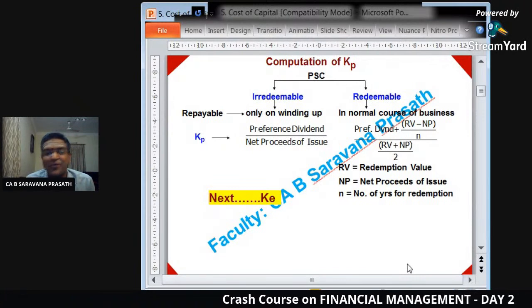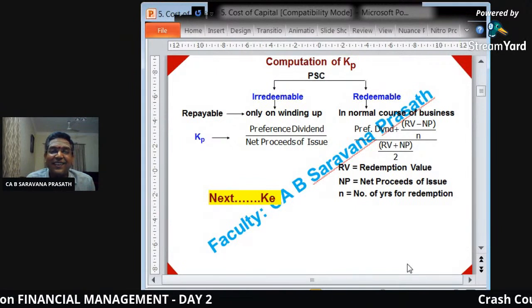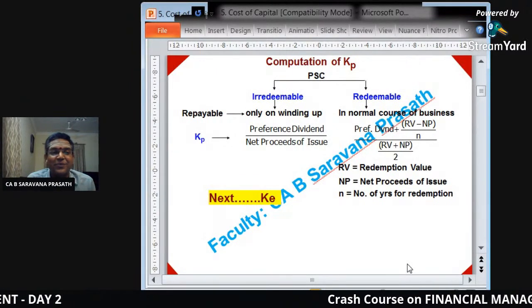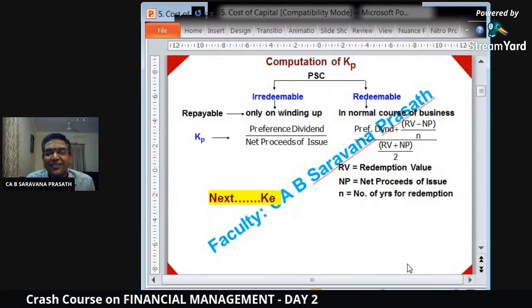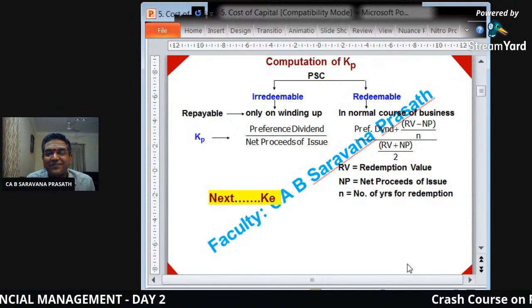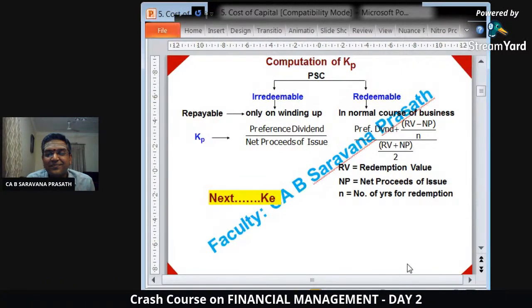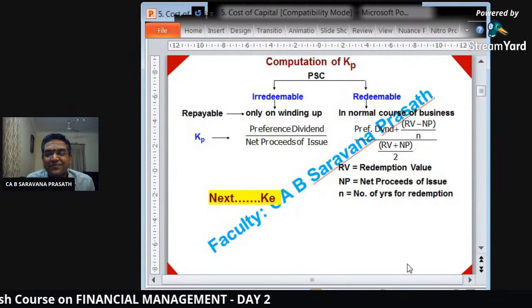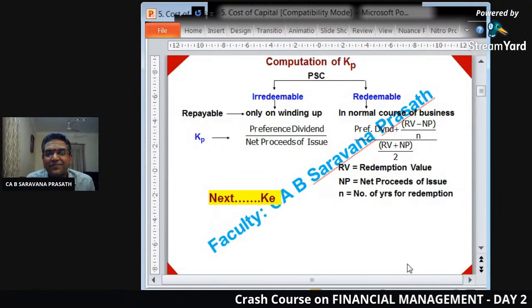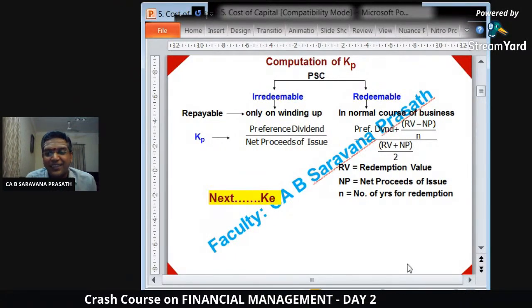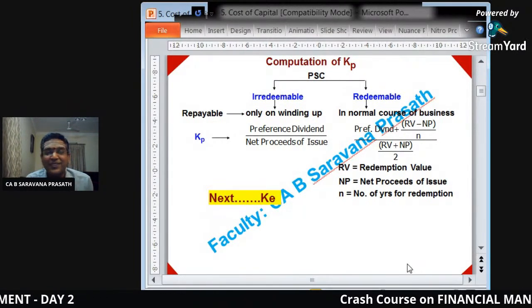If I am a new shareholder who wants to purchase the company's share, what is the calculation? 40 divided by 2000. I get only 2%, right?